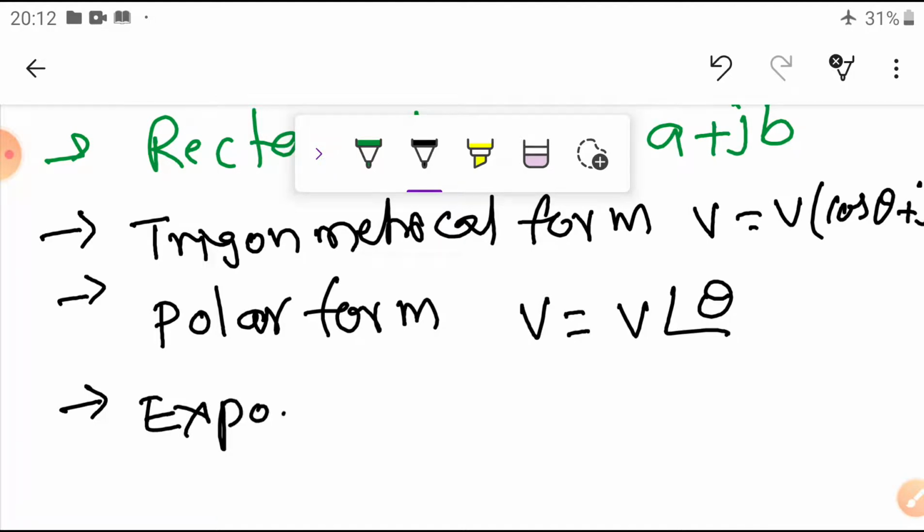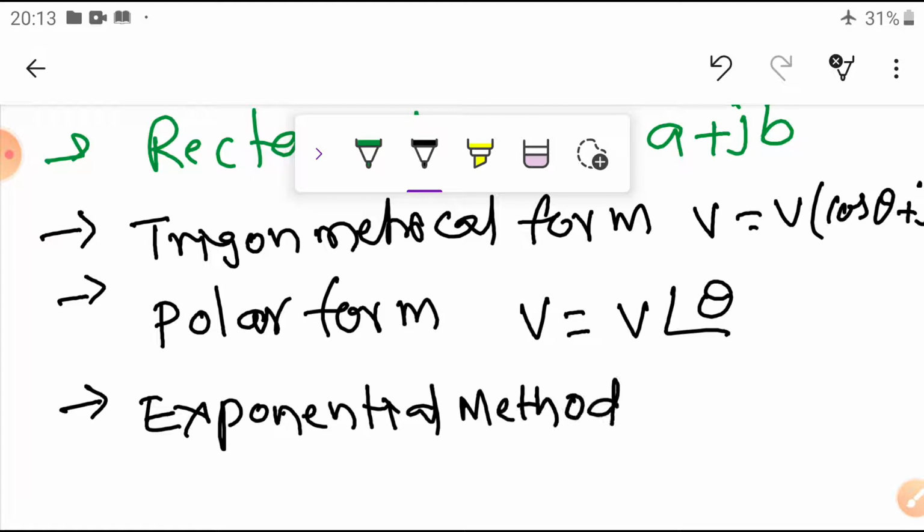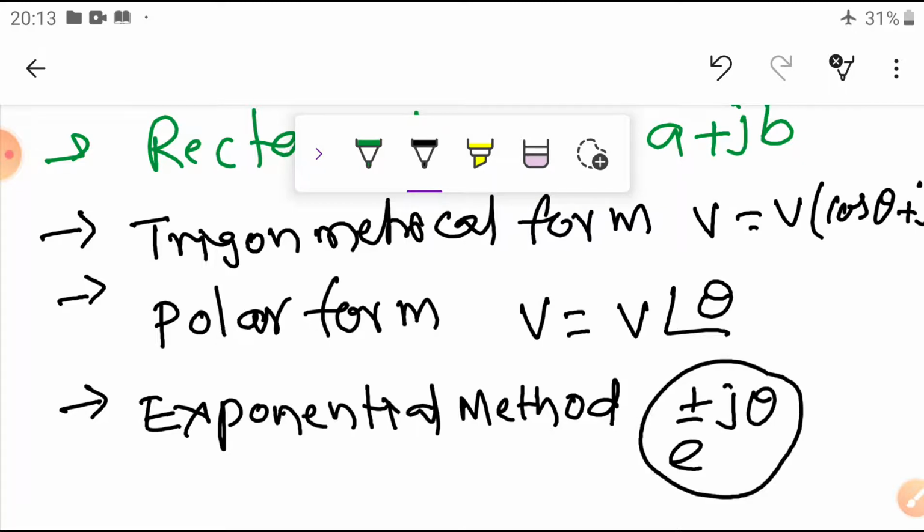Another method is the exponential method. In the exponential method, the value is represented with the help of Euler's equation. That is e to the power of plus or minus j theta. This is the exponential form.